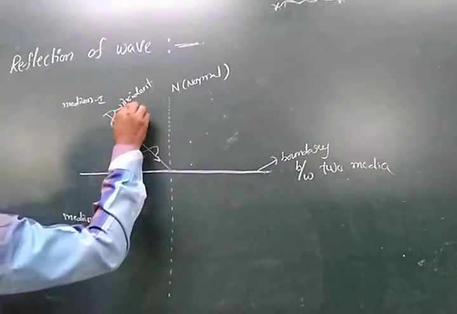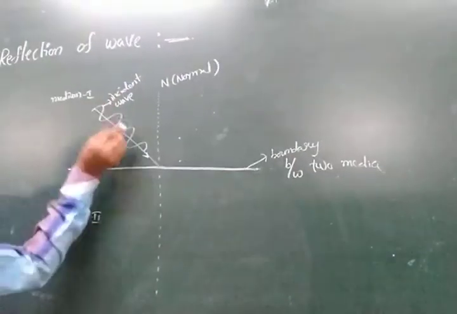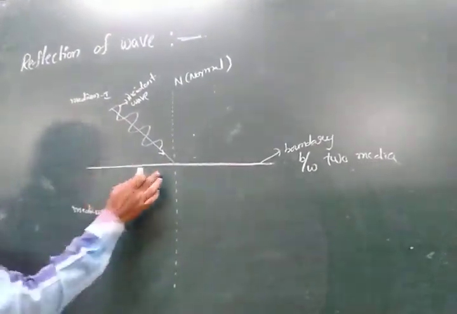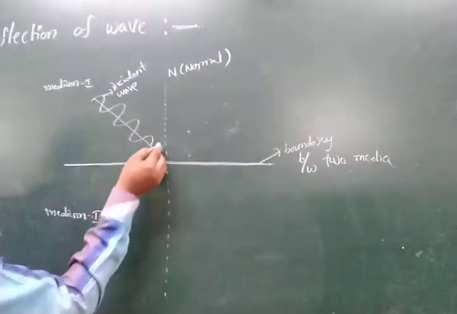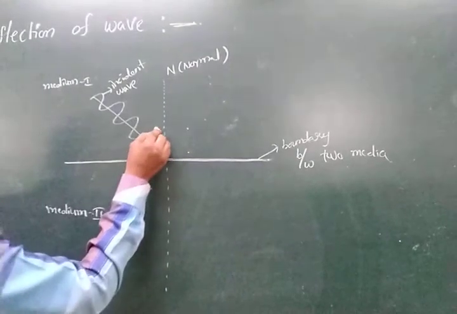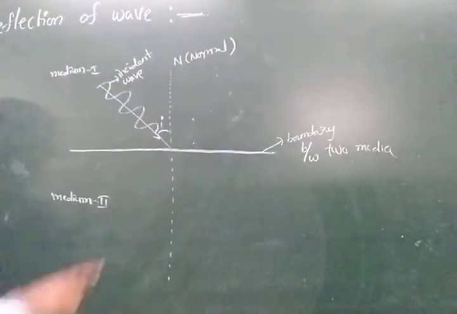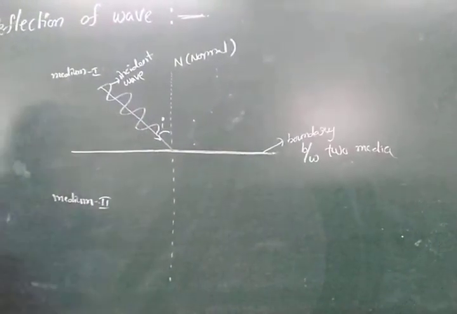This wave is incident on the boundary surface. It makes some angle with the normal, which is called the angle of incidence.